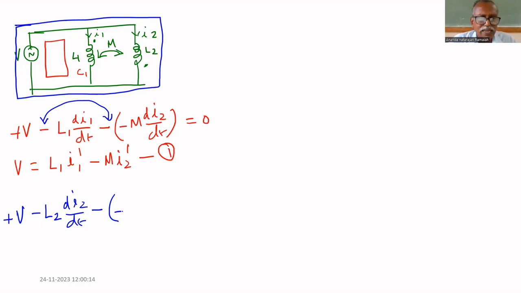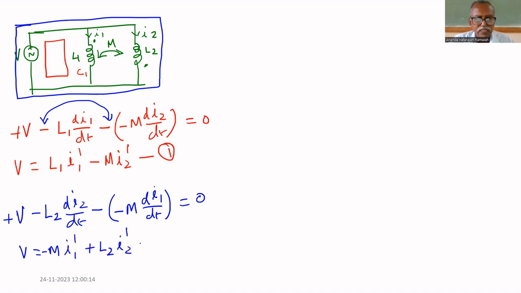That is M times the first coil current, equal to 0. Or you can write V equal to minus M I1 dash plus L2 I2 dash. This is the second equation. Find I1 dash and I2 dash by using Cramer's rule.